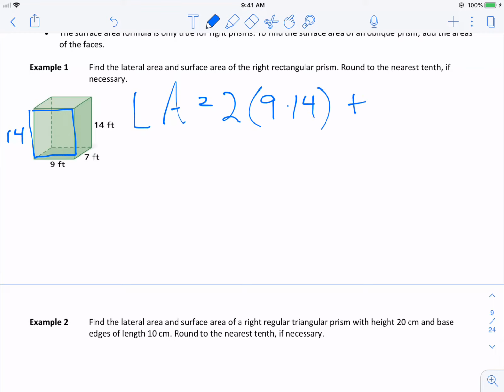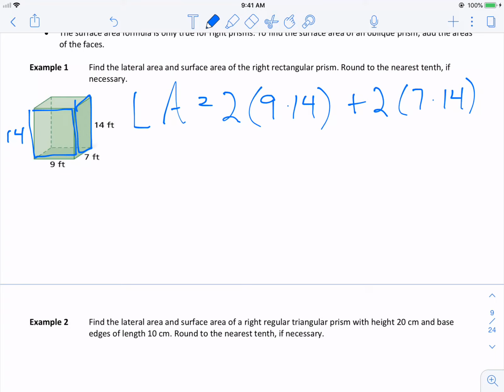And to that, we're going to add on the right and left faces, which have dimensions of 7 by 14. So once again, multiply by 2, and then we'll multiply the 7 and 14.